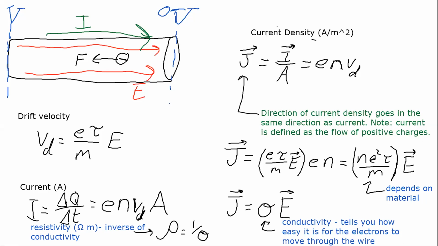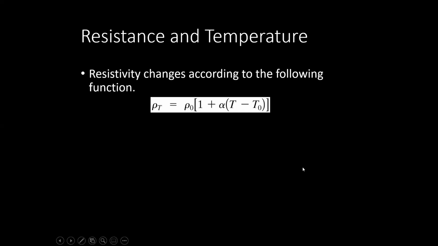Let me share this so you actually see it. There you go. So resistance does depend on temperature, and there's your function for resistivity. Again, don't write this down, you guys don't have to write that down. I'm not going to test you on it. I just want you to know the idea behind this, but there is a function there in case you're interested.